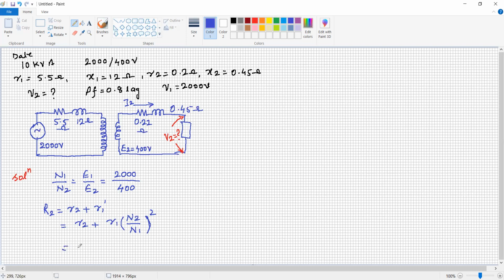So here it is 0.2 plus the referred primary resistance, which is 0.2 only.